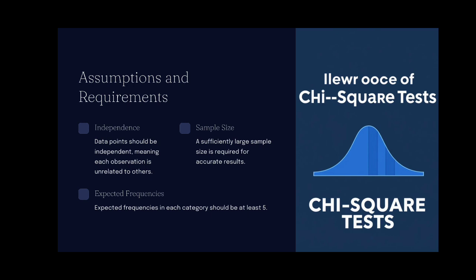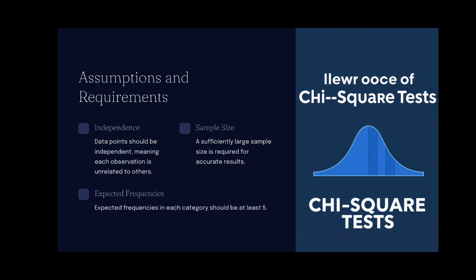Then let's see a few characteristics of a chi-square test, a few assumptions and requirements. In chi-square test, the data points, that is the individual figures that we take in the test, need to be independent.